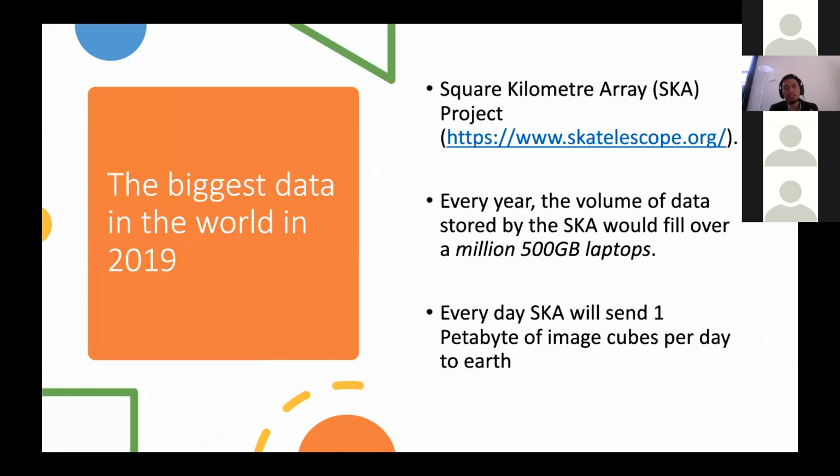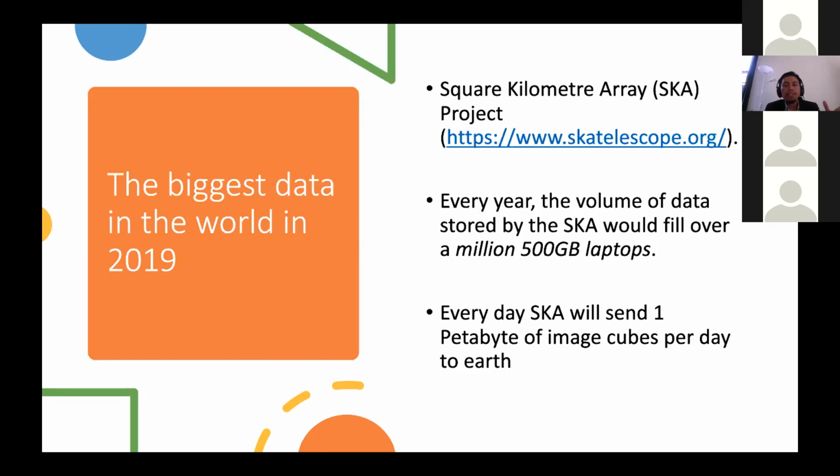This is just an estimation, and usually the real implementation will produce more data than the estimation. They estimate that every year, the data stored by the SKA data storage would fill over 1,500,000 gigabyte laptops, a huge number. And every day, they estimate that SKA will send 1 petabyte of image cubes to Earth.